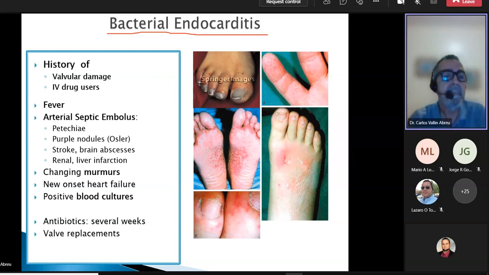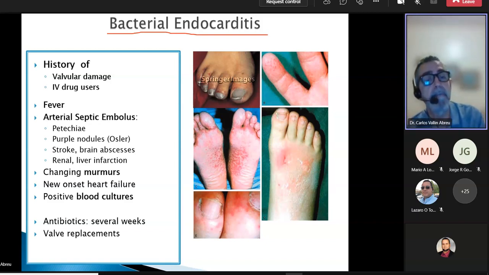IV drug users inject in their veins daily, many times per day, a very dirty, contaminated substance, with contaminated needles and substances that are not sterile. And this can produce infection, especially in the right side of the heart. This is the exception of this common situation.